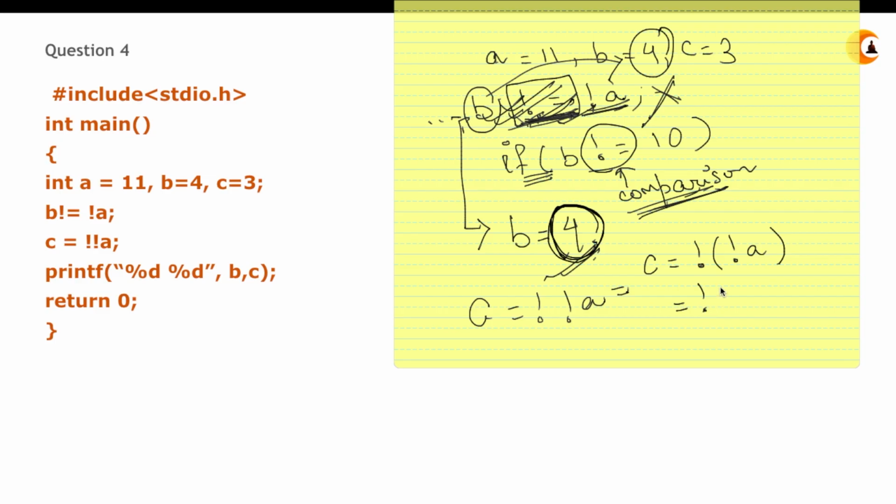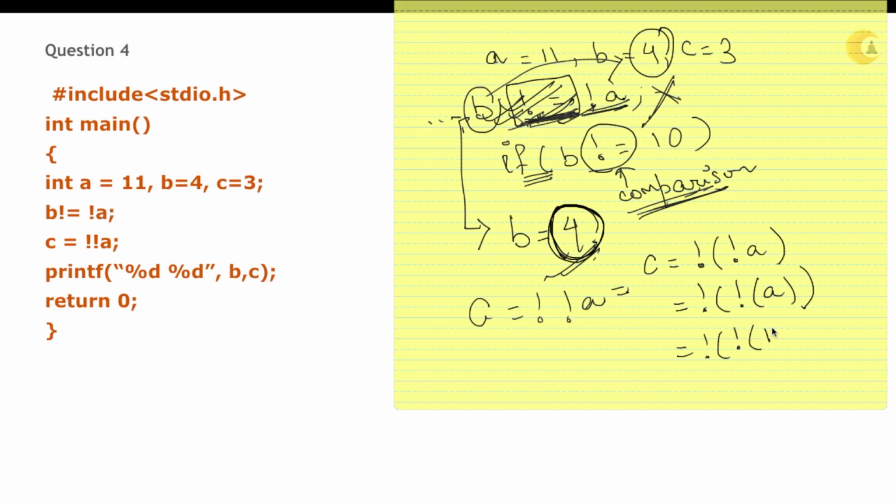Now, if I further break this down, I can write something like this. So now, what is the value of A? It's 11, right? Previously in the first question, we spoke about how every non-zero number is true. So 11 is a non-zero number, so this will return true.